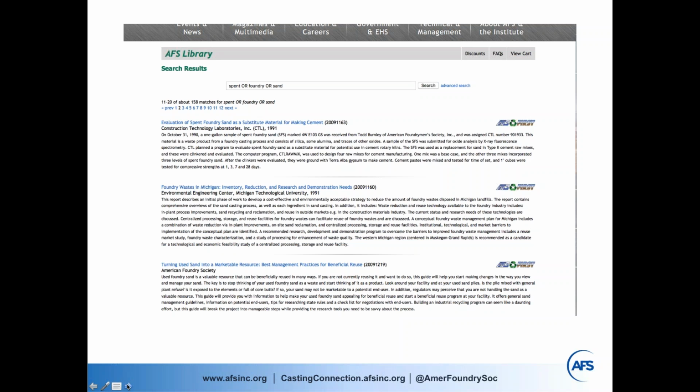And what we ended up with was well over 200 research reports, mostly from third-party places like excellent engineering schools at Michigan Tech, Penn State and Ohio State, the University of Illinois, University of Wisconsin. We gathered all those reports, digitized them, and with the help of AFS, they're all uploaded into the AFS library.